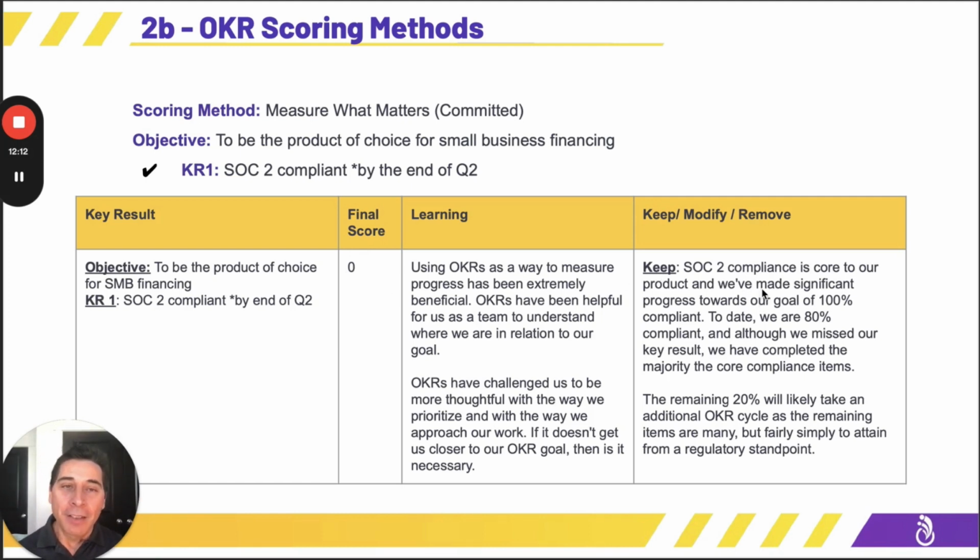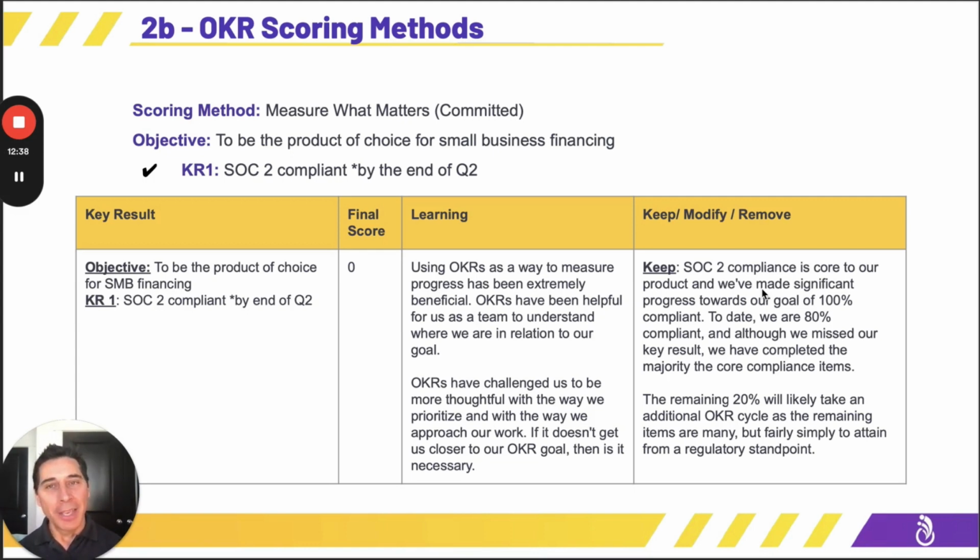Okay, SOC 2 compliance is core to our product, and we've made significant progress towards our goal of 100% compliant, right? To date, we are 80% compliant, and although we missed our key result, we have completed the majority of core compliance. The remaining 20% will likely take an additional OKR cycle, as the remaining items are many but fairly simple to attain from a regulatory standpoint.